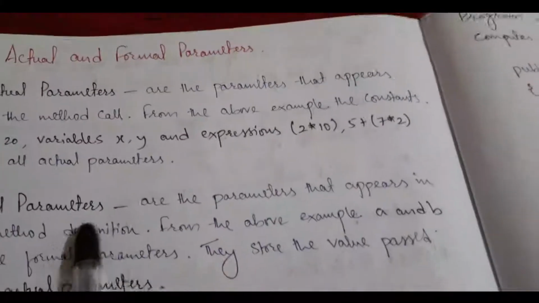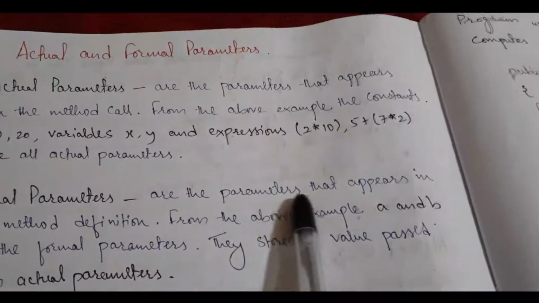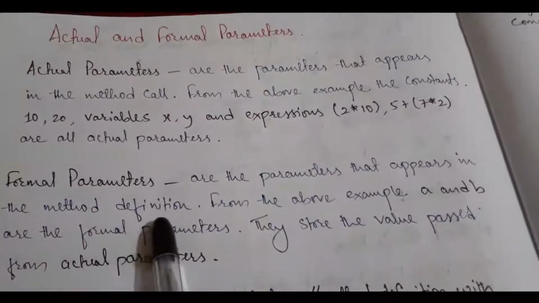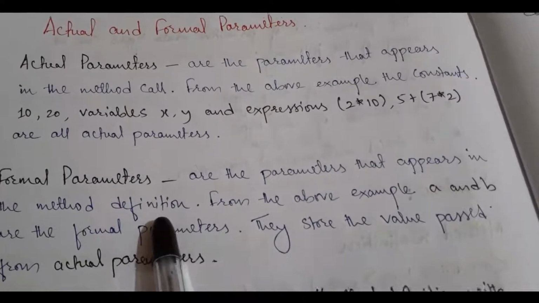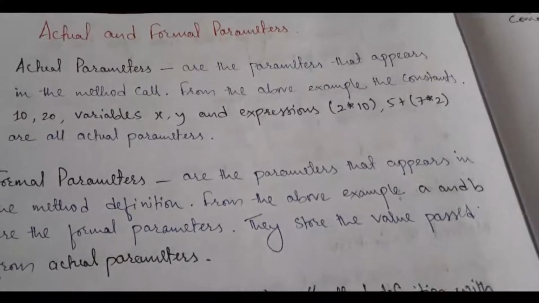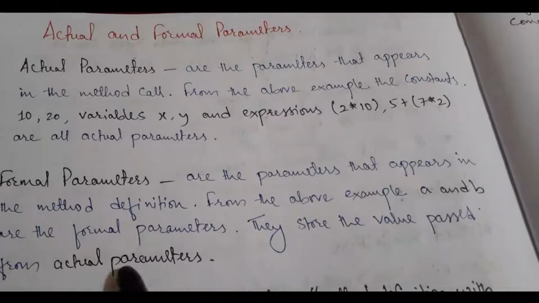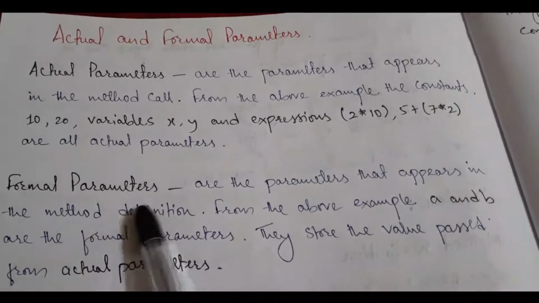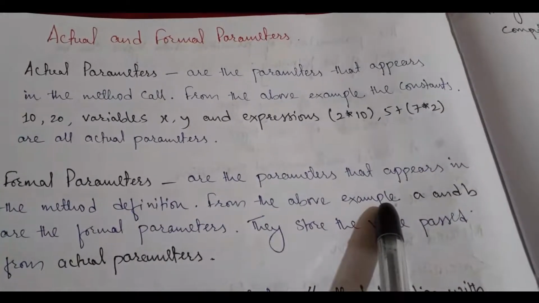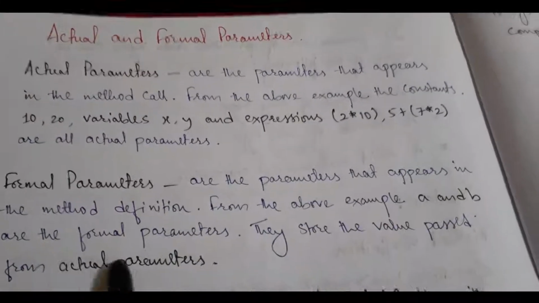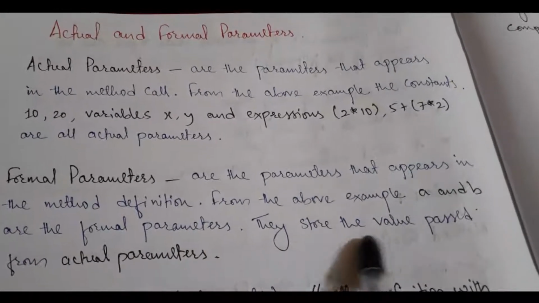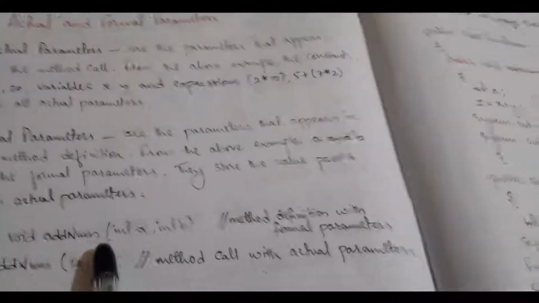Likewise, formal parameters are the parameters that appear in the method definition. When parameters are present in the other method portion, they are considered formal parameters. From the above example, a and b are the formal parameters. They store the values passed from the actual parameters.